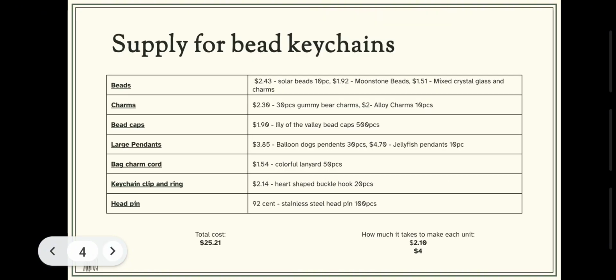And for the supply of bee keychains, the total cost of all the supplies will be $25.21, and it would cost $2.10 to make each unit. And I decided to price it at $4, since that's basically around half of what each unit is, especially if you're making it by hand.